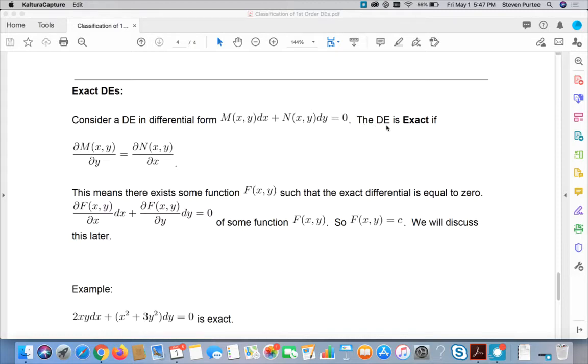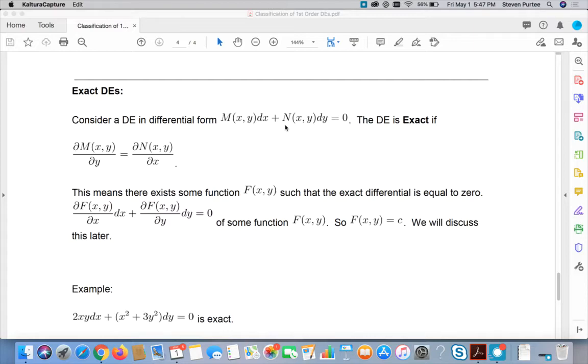We say the DE is exact if the partial of this guy, the one in front of dx, with respect to y is the same as the partial of the other guy with respect to x.